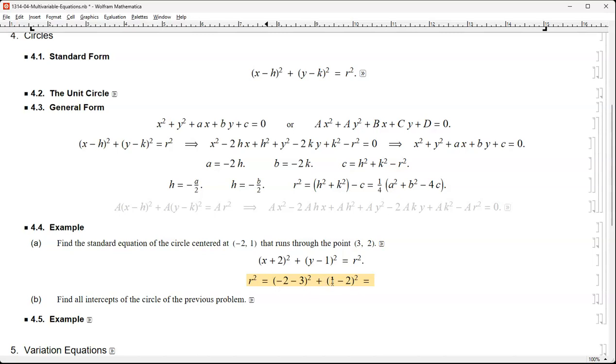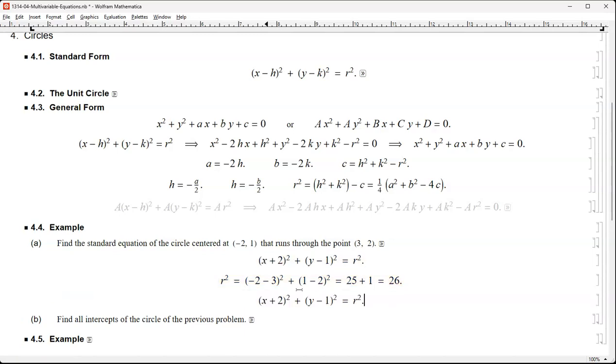And what is this? 5 squared, so 25, and then plus 1, 26. So it looks like the answer is like this. Does it look okay? Or would you prefer to use the formula method? I don't think anybody chose the formula method.